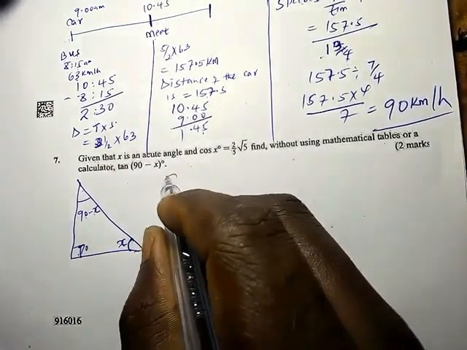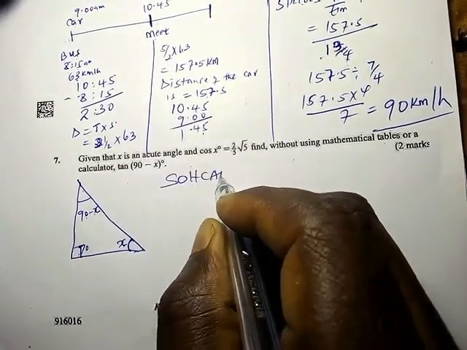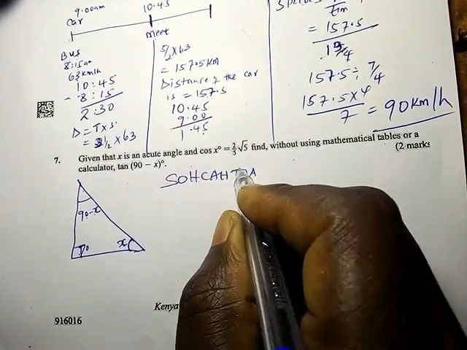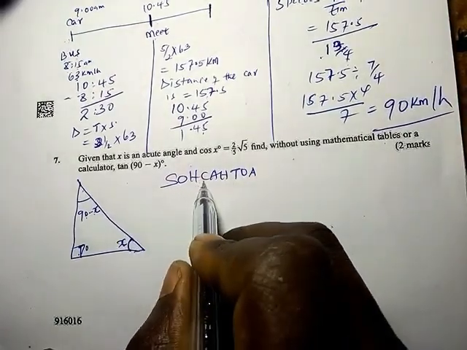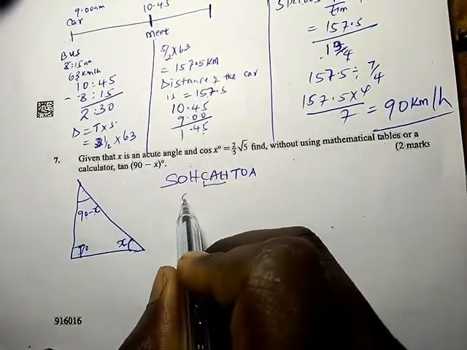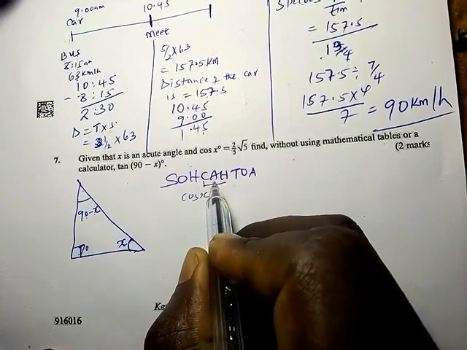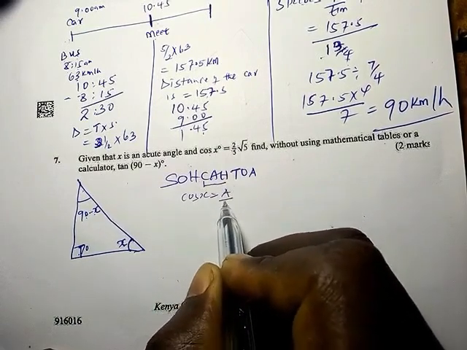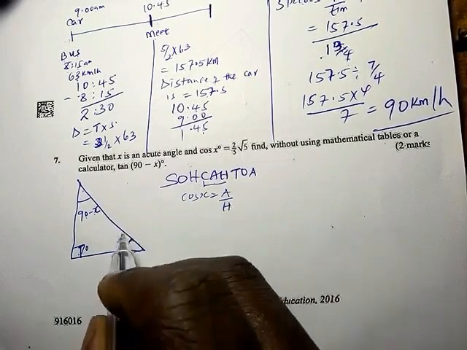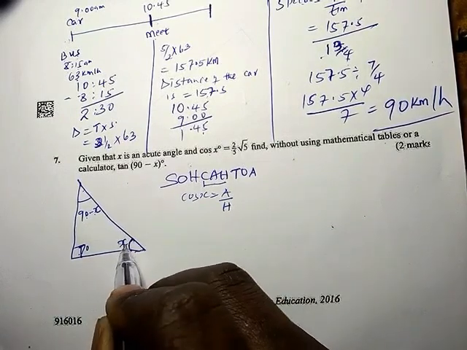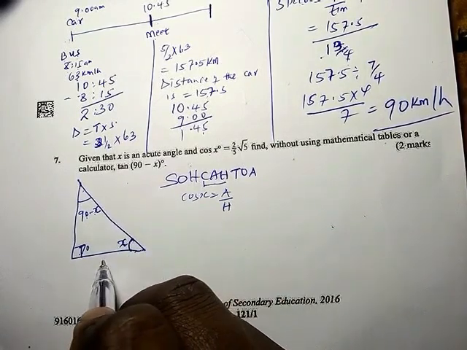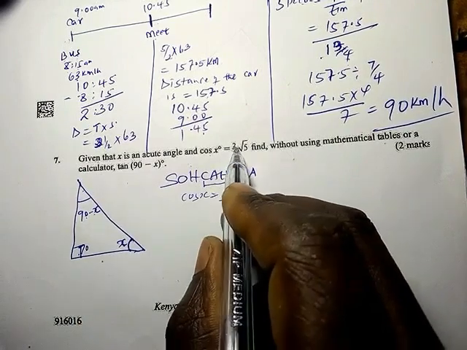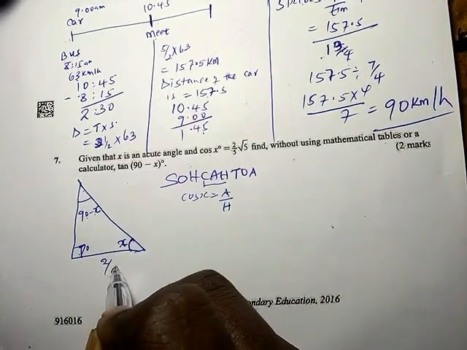So for cos, we use SOH CAH TOA. So we are talking about cos x. So cos x is equal to adjacent over hypotenuse. So the adjacent of x is here, which is 2 over 5.